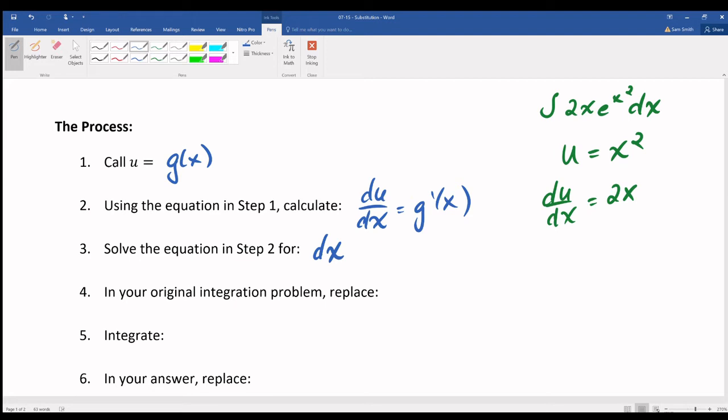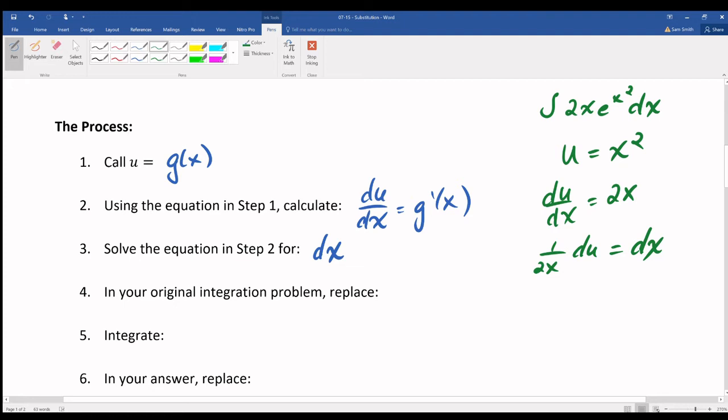So solve for dx. I can multiply by dx to clear the fraction, and I can divide by 2x, and I get 1 over 2x du is equal to dx. Solve the equation for dx.